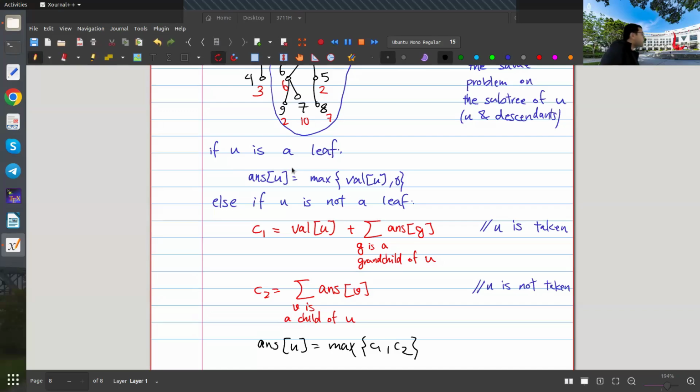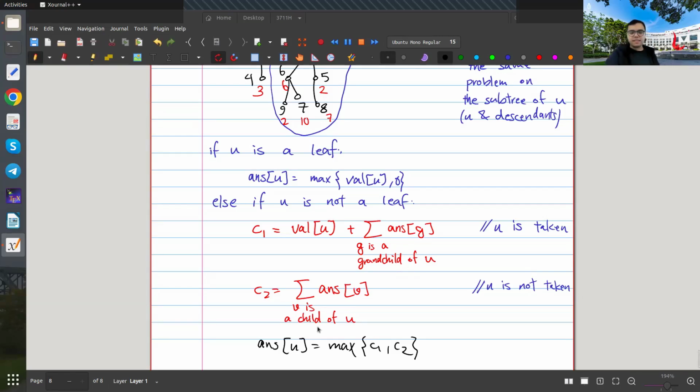And the way I can do better is by figuring out that even though any node can have many grandchildren, any grandchild can have only one grandparent, right? So when I'm calculating these sums over the grandchildren, I'm summing up the value of every node at most once, because every node has exactly one grandparent and it only contributes to the sum in its grandparent.